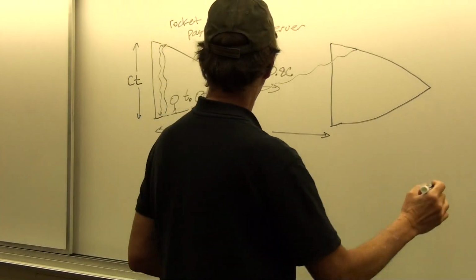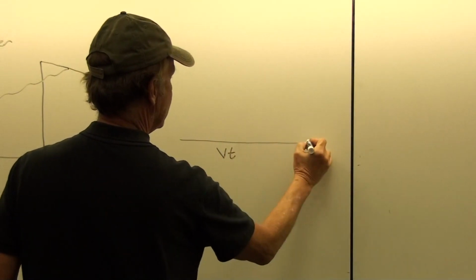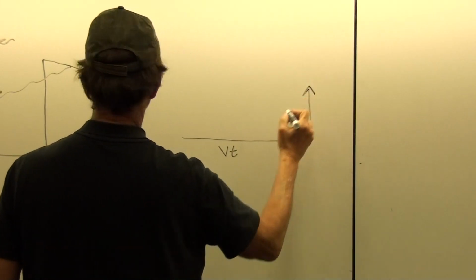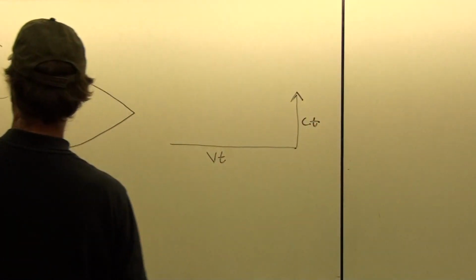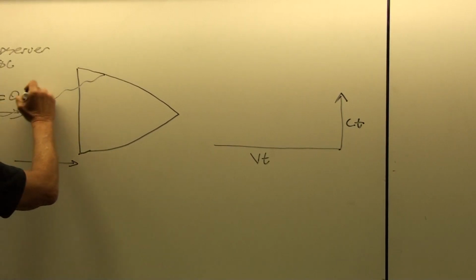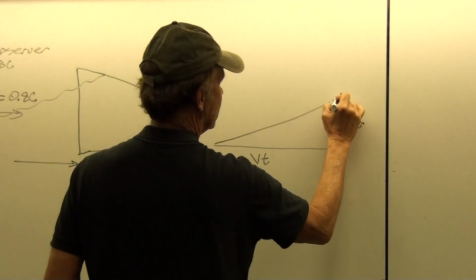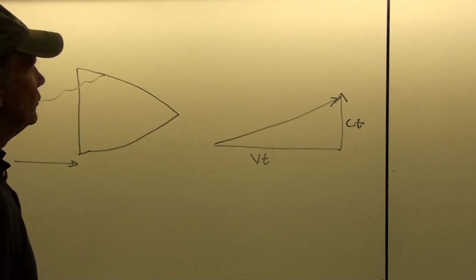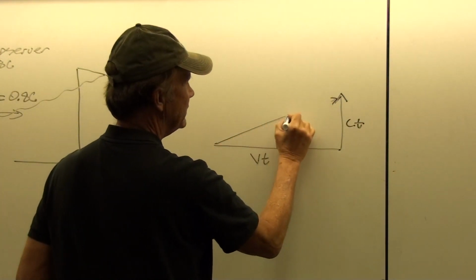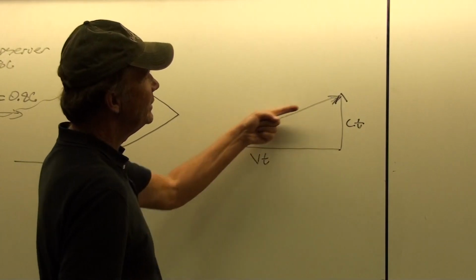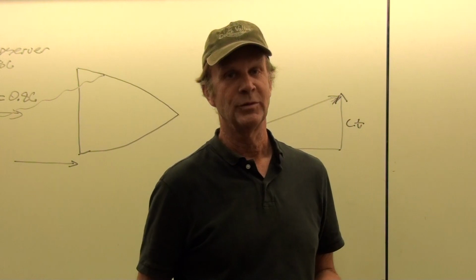So if we draw this triangle, it's going to have a base side Vt, a vertical side, which is the width of the rocket ship, equal to Ct, and then the distance across the hypotenuse. What is that? Normally, if we weren't going to require that the speed of light stay constant, we'd say the light is just moving faster in this frame of reference than the normal speed of light.